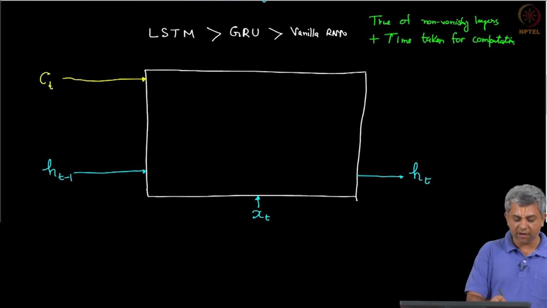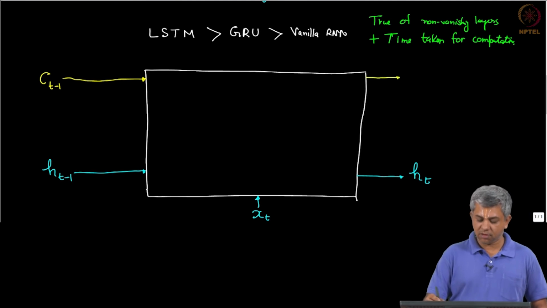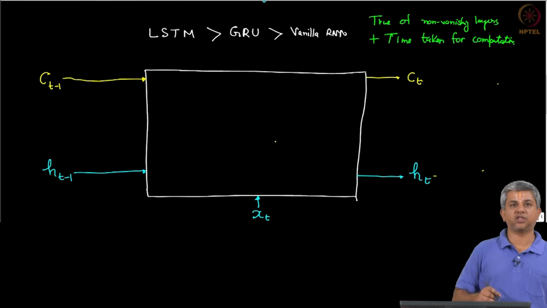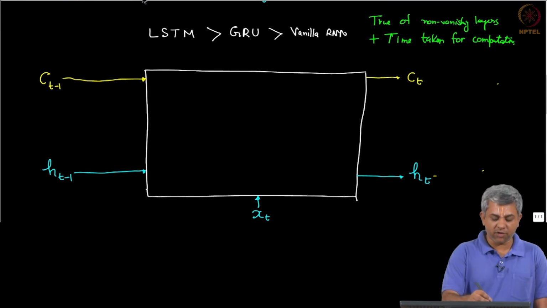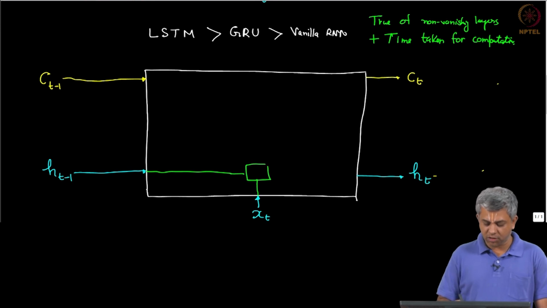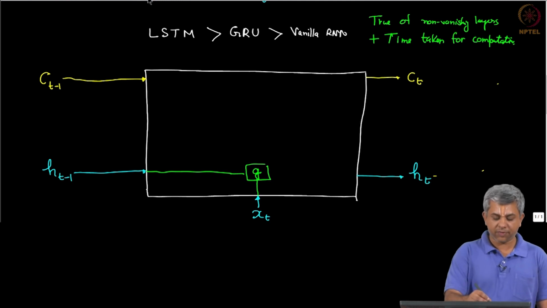So we also have CT minus 1 coming in and CT going out, and so on. So CT progresses, HT progresses, and there is some processing that happens inside, which was given by our formulation above. Now, what was that? HT minus 1 and XT combine as usual to give our vanilla RNN output.